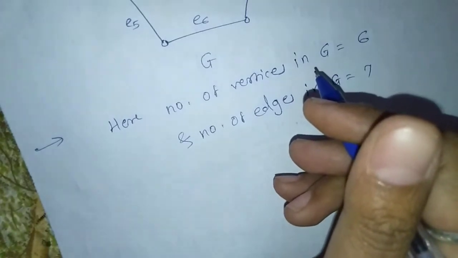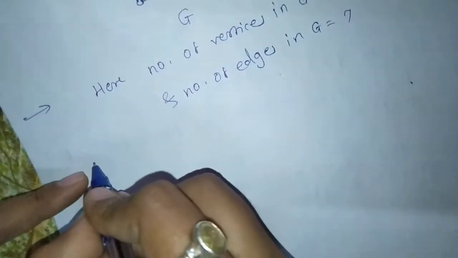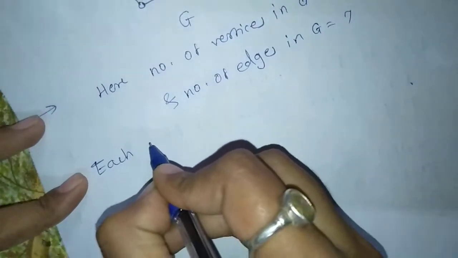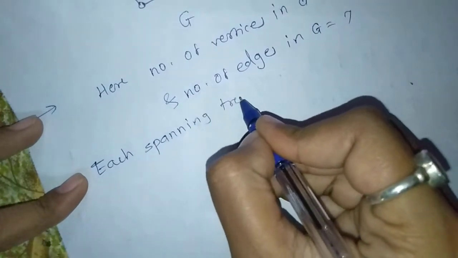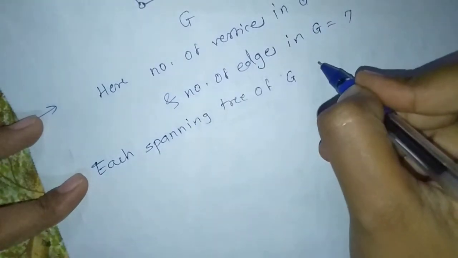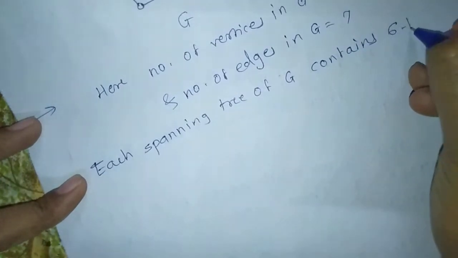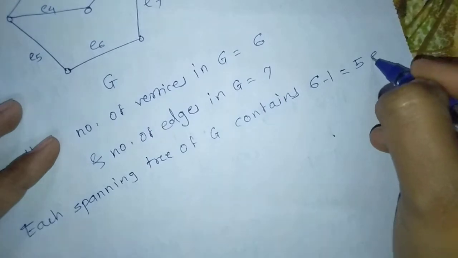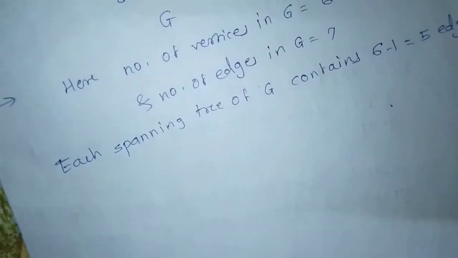Now each spanning tree of G contains 6 minus 1 is equal to 5 edges. Therefore, out of 7 edges, delete 2 edges in such a way that the remaining graph is a tree on 6 vertices.